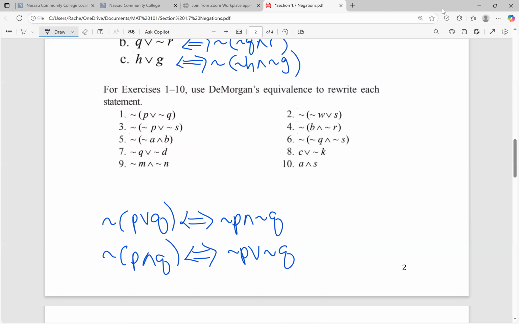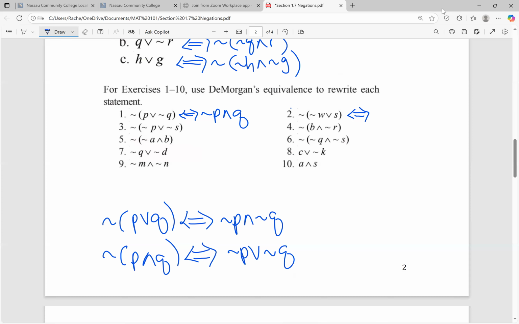So for number 1, we're negating a disjunction. So we're going to have not P and a not Q, which is going to be Q. For number 2, again, we're negating an or statement.